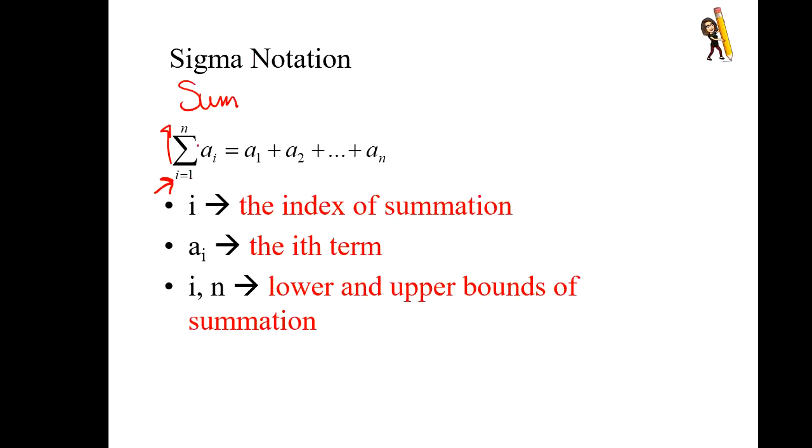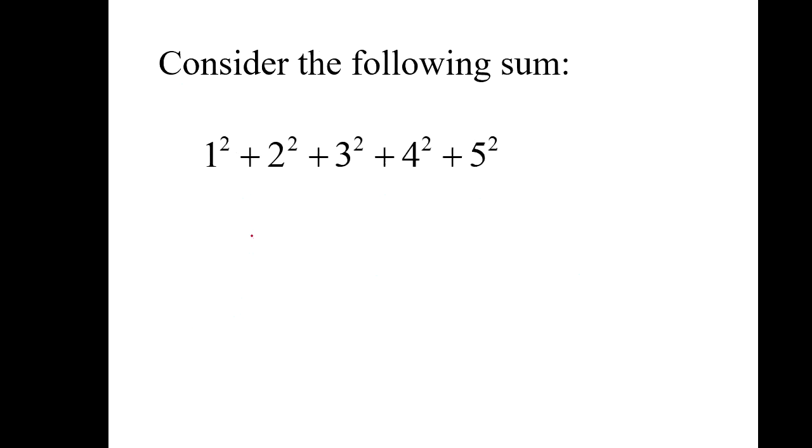The sum from i to n of a sub i is going to produce this pattern, where i is the index of the summation, a sub i is the ith term, i is the lower bound, and n is the upper bound of our summation. So make sure you get those definitions for i, a sub i, and n written in your notebook.